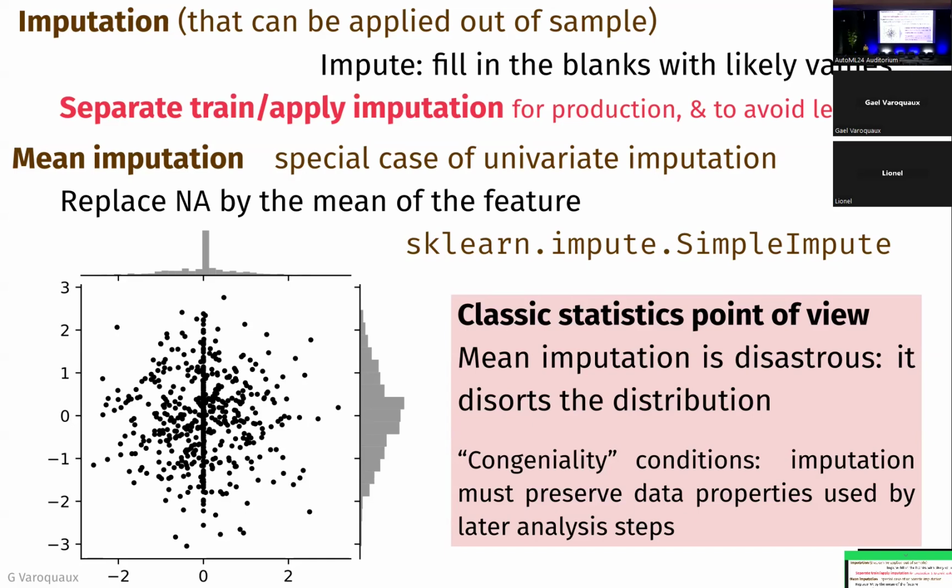So for instance, if I use a linear model with an L2 loss and an L2 penalty, then the Gaussian statistics are sufficient statistics of the problem, so I only need to preserve the mean and the standard deviation of the data, or the mean and the covariance.